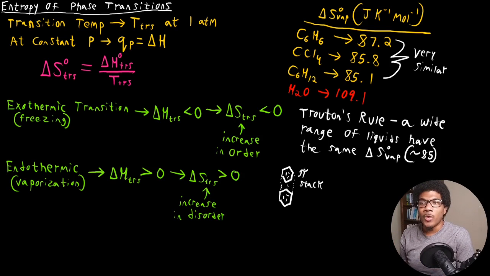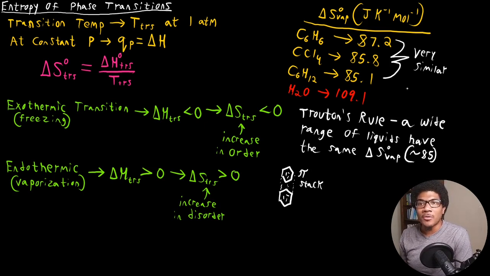So when you vaporize it, it's not that much of a change in the disorder of the structure. They're going to pull a little bit further apart. On average, they're going to be further apart. There'll be a little bit less of this pi stacking, but it's much less dramatic than with water.